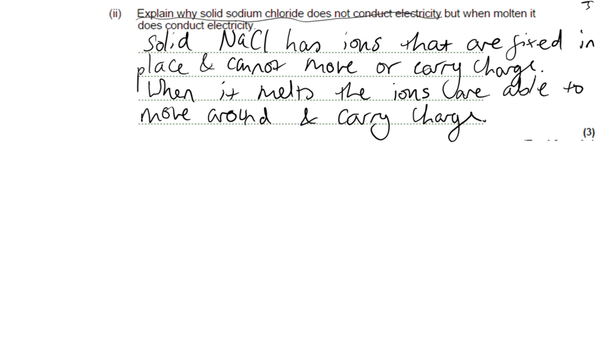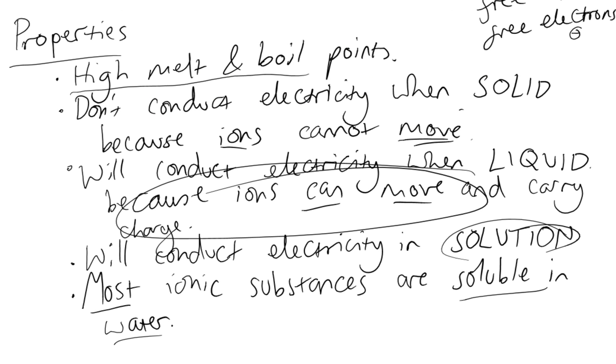And that should be our 3 marks, because we've got solid has ions that are fixed, cannot move. When it melts, they can move, and we've got the carry charge key term in there. They love things that can carry charge. Okay, so if you get 2 marks for conducting electricity, it's because something can move and carry charge.